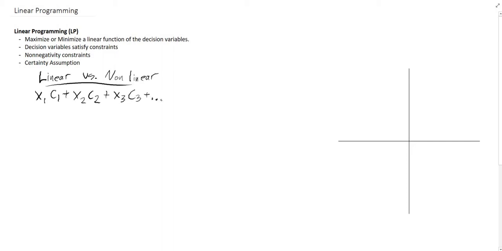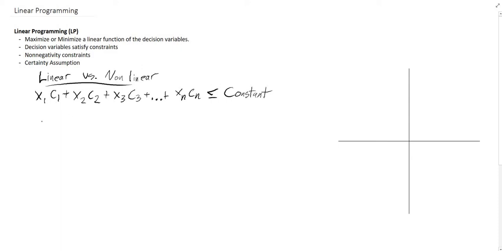And this can go on for any number of terms. And then of course you set that equal to, or greater than, or equal to, you can do whatever, but it has to be compared to some other constant, or some value on the other side.